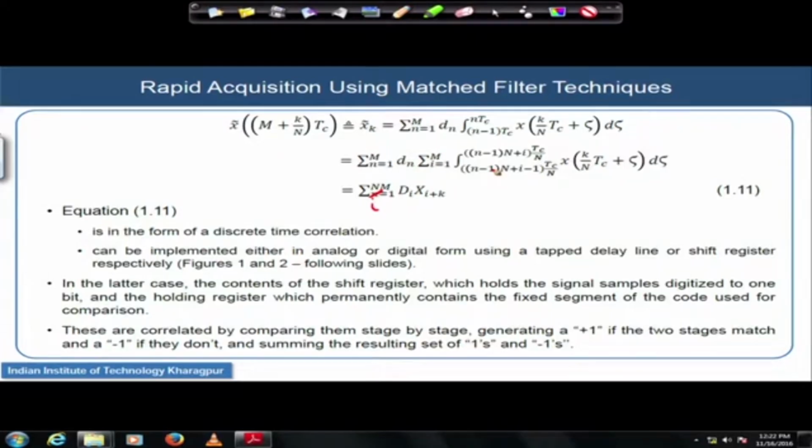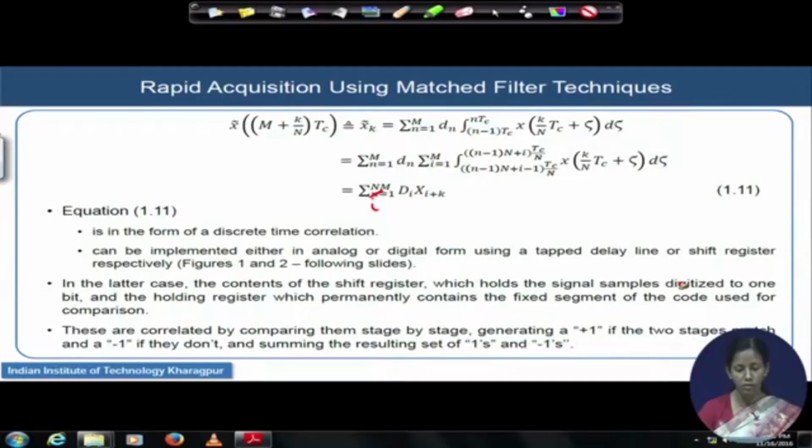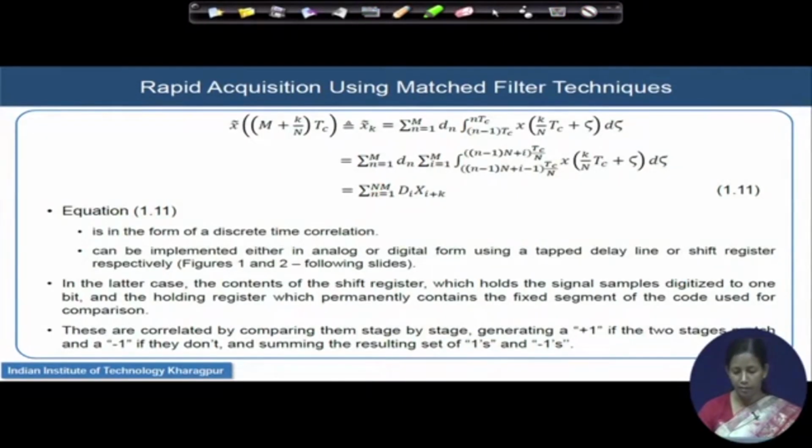If I do it in the shift register architecture, there is a shift register holding a replica of a PN segment permanently, a fixed segment which is continuously compared with the running segment of the incoming PN sequences, and they are correlated. Let us go to the next slide and then discuss.